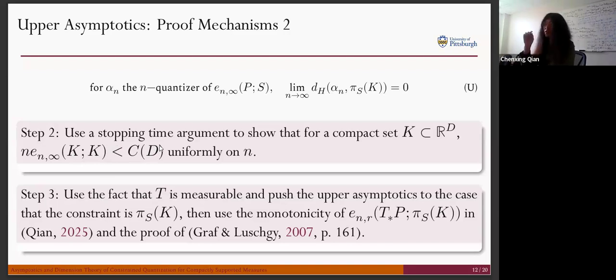This allows us to argue by contradiction and show that the cardinality of the quantizers alpha_n is larger than n. Then we can use the property that T is measurable, push forward, and study the constrained quantization problem on another measure T star P, and the proof is very similar to the classical setting.